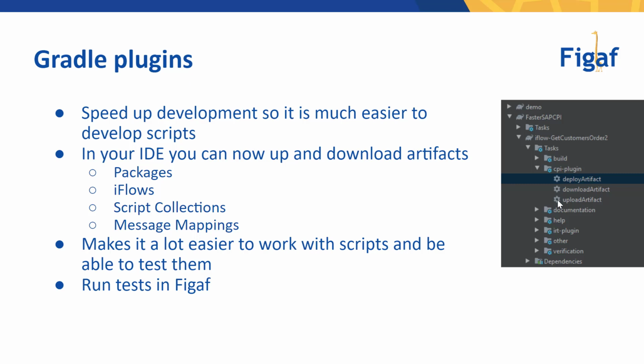And it also works for script collections, mappings, and value mappings. Those are things that are really easy to edit outside of the tool. And obviously you can also run tests with the Figaf tool here. So the RT plugin would allow you to run tests and invoke the Figaf tool from the plugin. So it's a way to make it easier for you to develop SAP integration and iFlows.